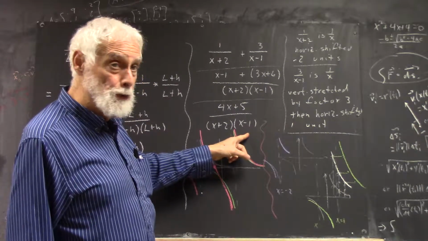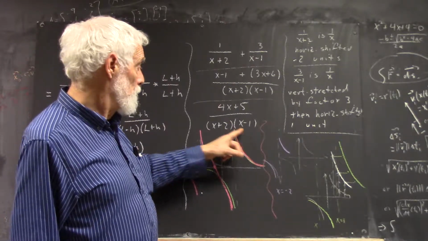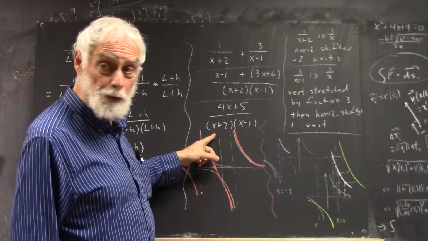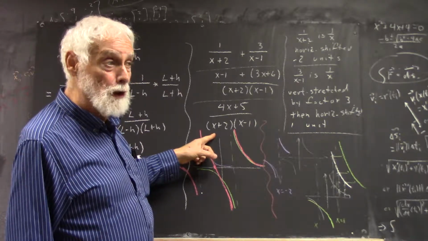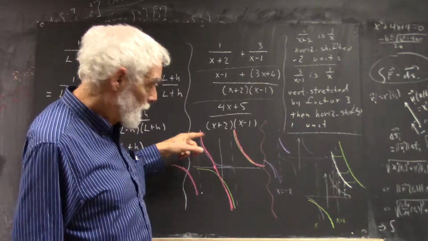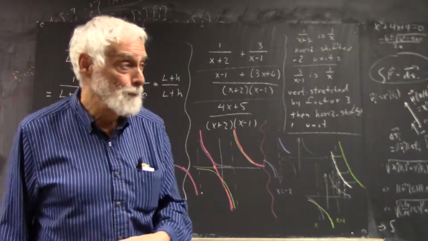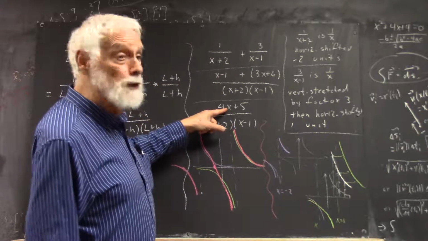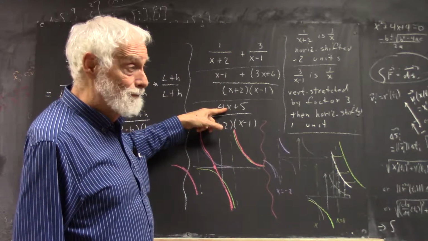And if x minus 1 is really close to 0, what do you get when you multiply that by x plus 2? Well, it's still close to 0, right? And if you're really, really close to 1, the denominator is still going to be really close to 0. And the numerator isn't going to be close to 0. Okay?